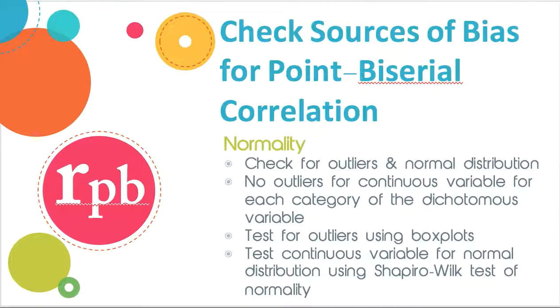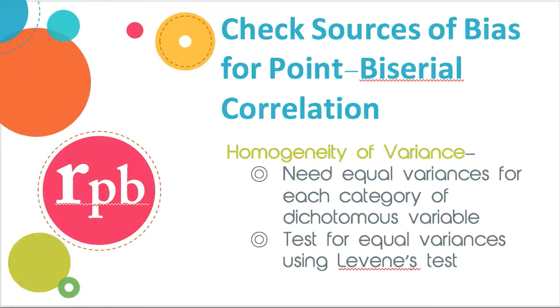And you can test this using the Shapiro-Wilk test of normality, which you will get when you do the Kolmogorov-Smirnov test for normality, and that is interpreted the same as the Shapiro-Wilk test. Then your continuous variable should have equal variances for each category of the dichotomous variable. So you can test that using Levene's test of equality of variances.